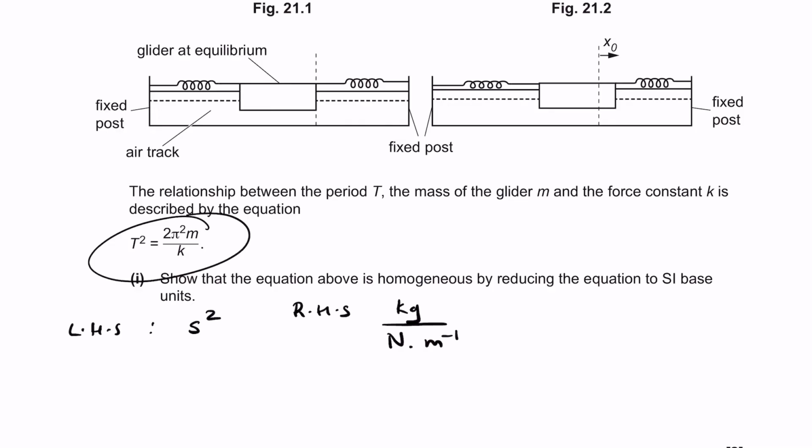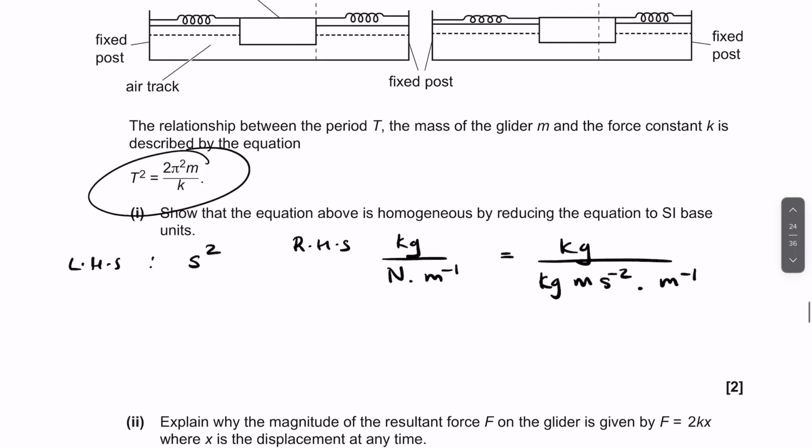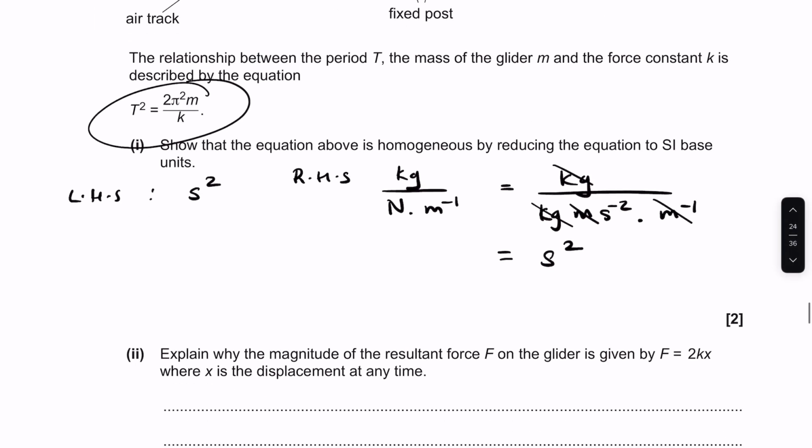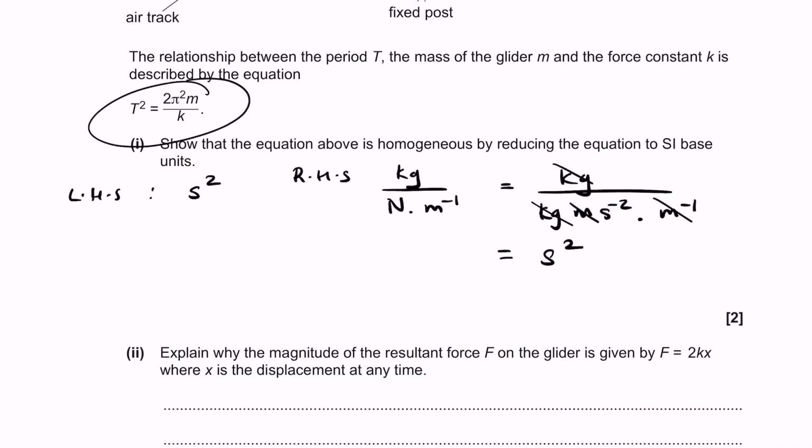So if I just further reduce this, I would end up getting kilograms meters per second squared per meter, and that cancels out with that, this cancels out with that, and then you have 1 over per second squared, which is the same as second squared. So both the sides are homogeneous in terms of SI units.